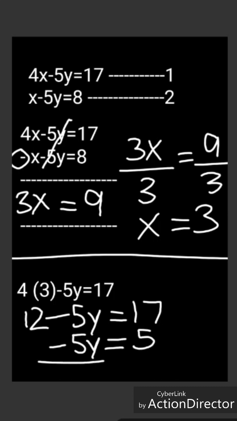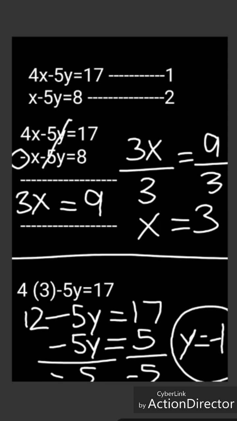Now you do over minus 5 and over minus 5. Now you get your final answer of y equals minus 1, because 5 divided by minus 5 is minus 1. And you basically have your answers, x equals 3 and y equals minus 1.